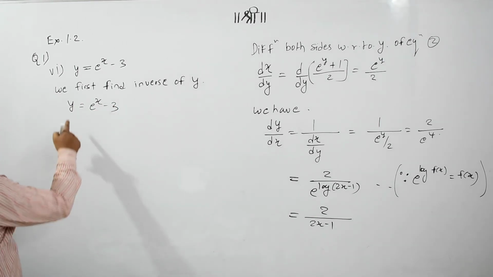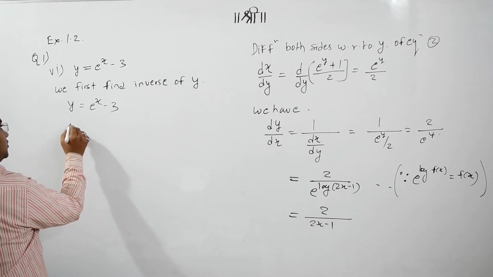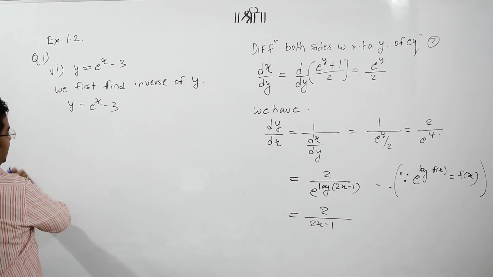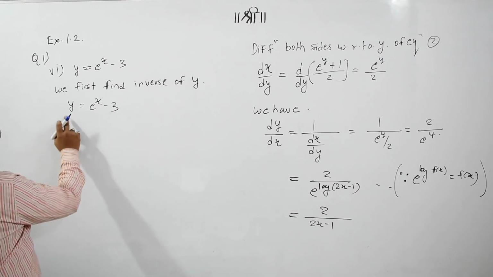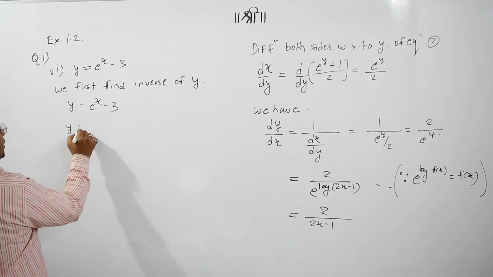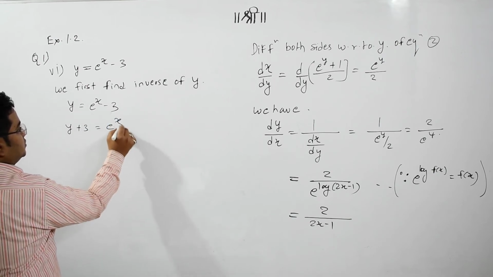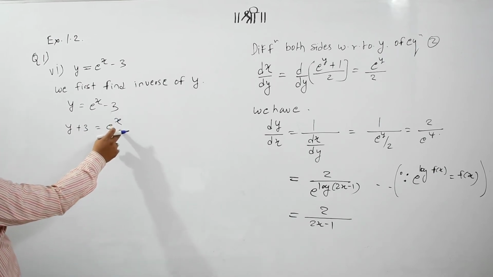Yes, correct. Again we need to find the inverse. So how to find the inverse? y is equal to e raised to x minus 3. Instead of taking log directly, I would like to suggest one thing: take this 3 to this side. So y plus 3 is equal to e raised to x. So x can be lonely over here.